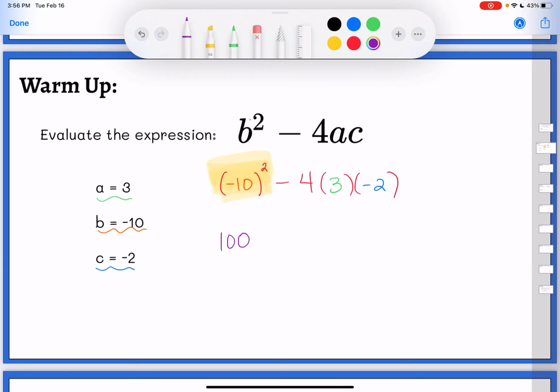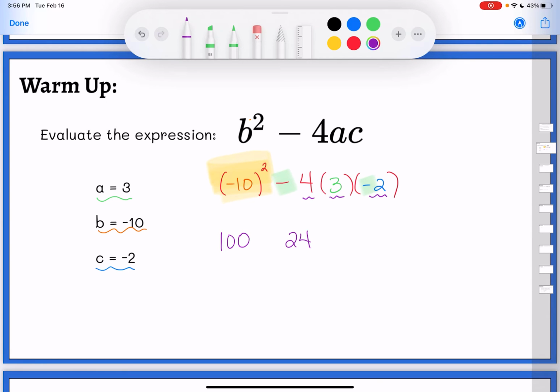Now we could pick two and get it and then multiply our third, but I think we could do it all at once. Mental math here says 4 times 3 is 12. 12 times 2 is 24. It's 24, but is it positive 24 or negative 24? Here's a negative. Negative 4 times 3 times negative 2.